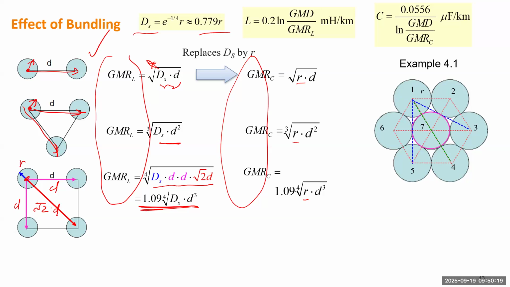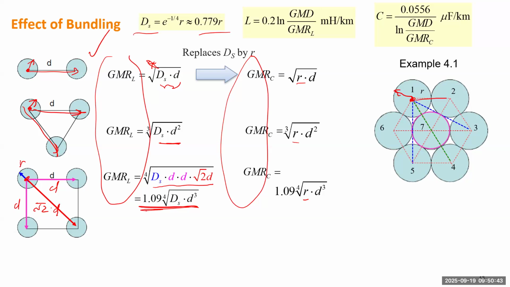So we start from any conductor. Inside there's one conductor, number 7. Outside, from 1 to 6, there are 6 conductors. The outside 6 conductors are completely symmetric about each other, so we can start from any one as a reference. If it's from number 1, the first distance we need to consider is r, right? There's 1r.